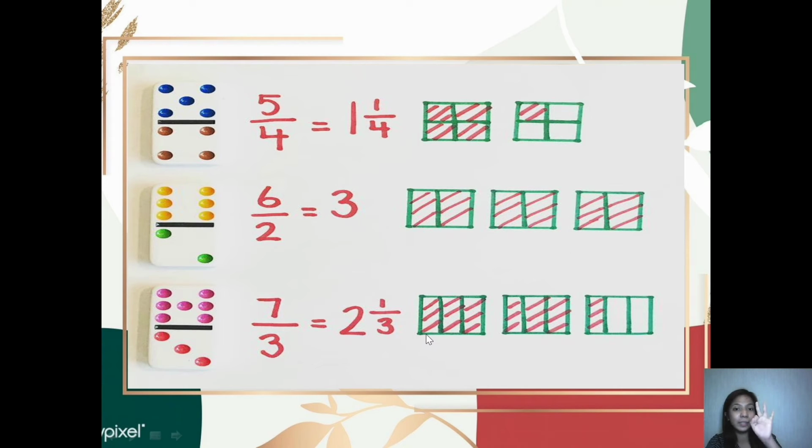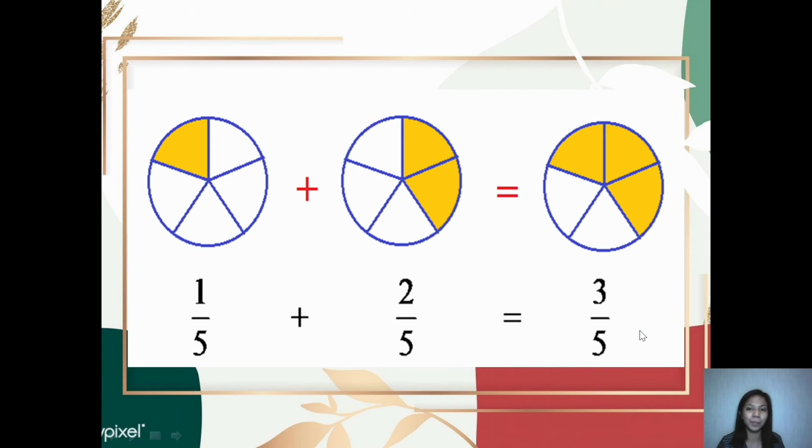The denominator is 3. So 1, 2, 3, 1, 2, 3, 1, 2, 3. So 2 means 2 wholes are shaded. In this example, 2 and 1/3. Okay, so these are examples of the mixed number, or making a fraction into a mixed number. Okay, so let's practice more.